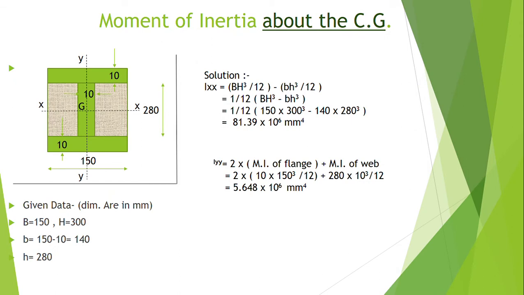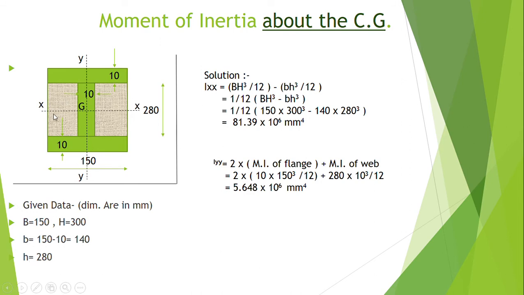Now we are going to solve the first numerical, moment of inertia about the CG. As you can observe, I have underlined and bolded the words about the CG because this is your first type of numerical. Let's start. Here we have given data, that is capital B, capital H, small b, small h.